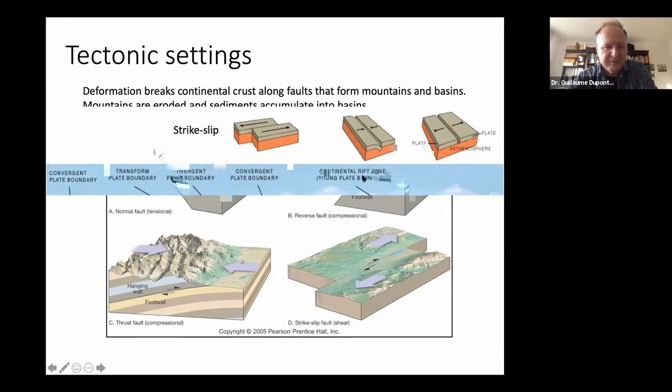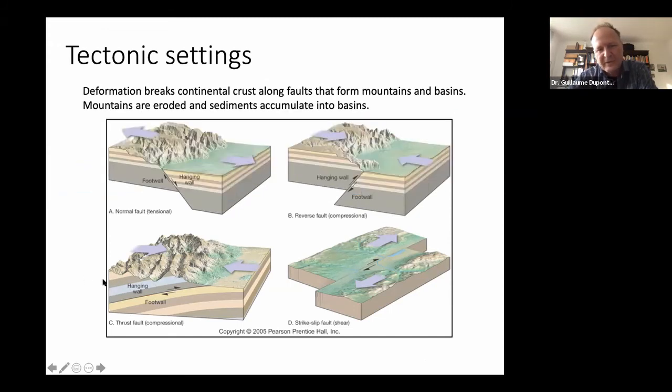I think this is basic knowledge, but some of you might not even have heard about a thrust fault like this, which separates a footwall from a hanging wall. This is in a compressive stage. Like in a subduction zone, you will create mountains like the Andes by pushing rocks onto the other.